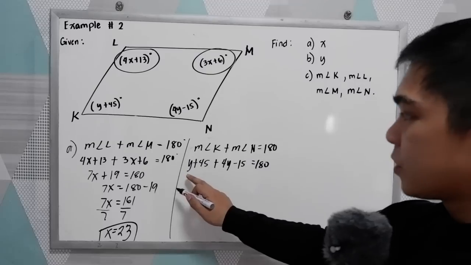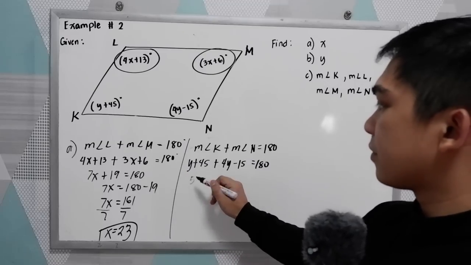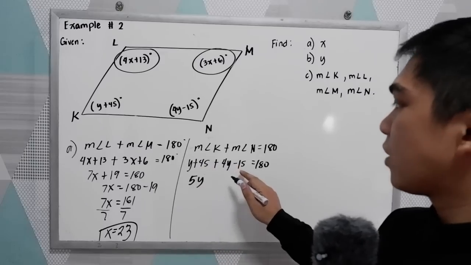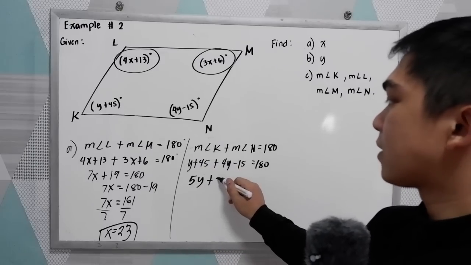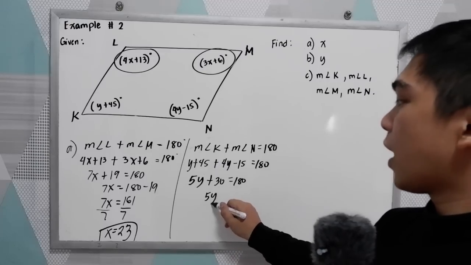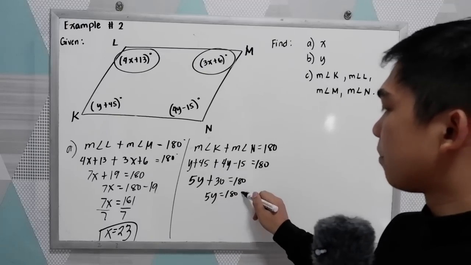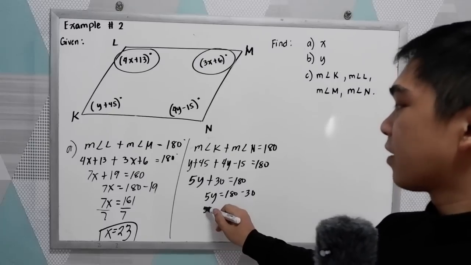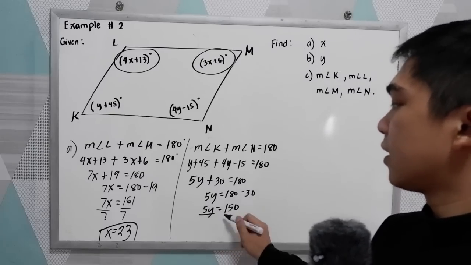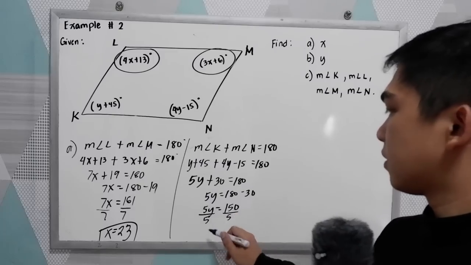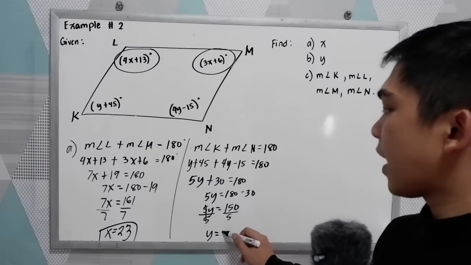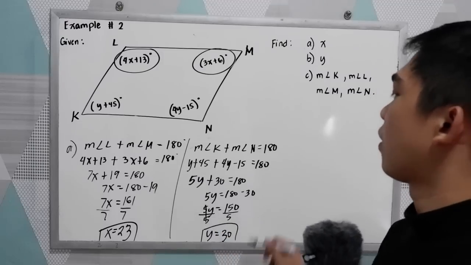Now, combine like terms: y plus 4y is 5y, 45 minus 15 is positive 30, is equal to 180. 5y is equal to 180 minus 30, 150. So divide by 5, y is equal to 150 divided by 5, that is 30. Okay.